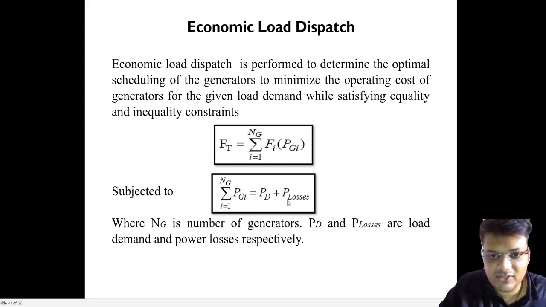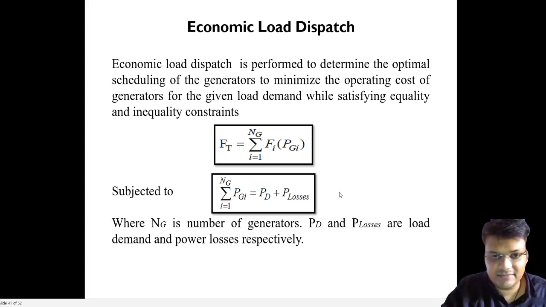Suppose we have some losses in the system. If there is no loss, generation is equal to demand. If there is a loss, then demand plus losses is equal to generation. So we have to generate that amount of power, equal to the demand plus the losses that occur during transmission and distribution. That is our equality constraint.